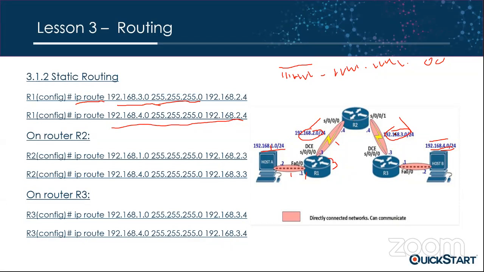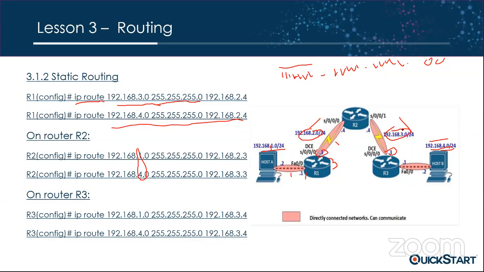So we don't need to advertise those, but we need to advertise 1.0 and 4.0. So the next hop would be 2.3 here, and there would be, what is that, 4.3? No, 3.3 here and 2.3 here. All right, so this would be the next hop for this router, right?